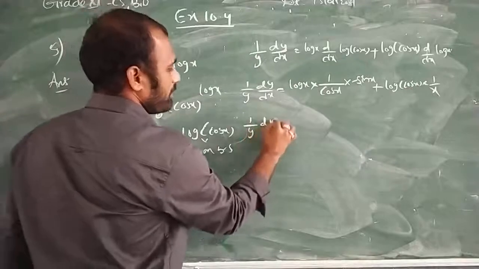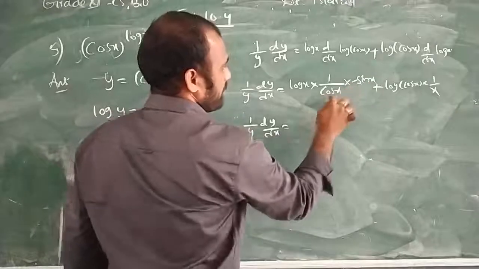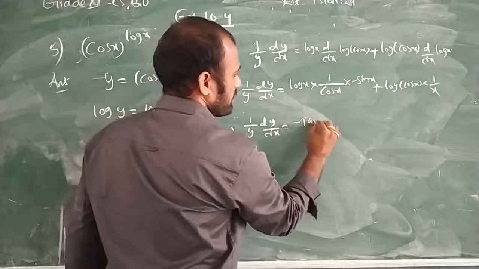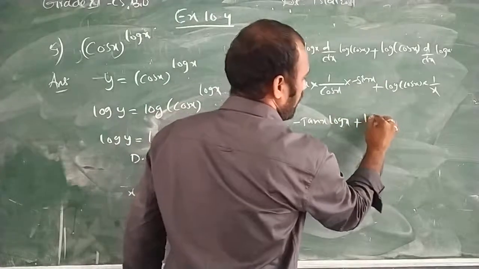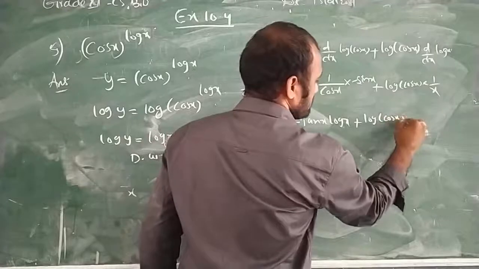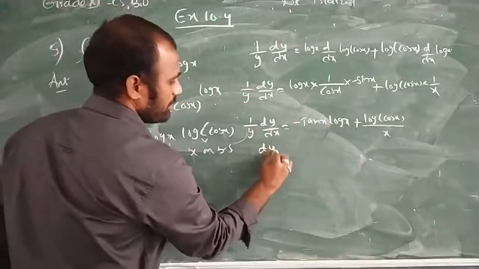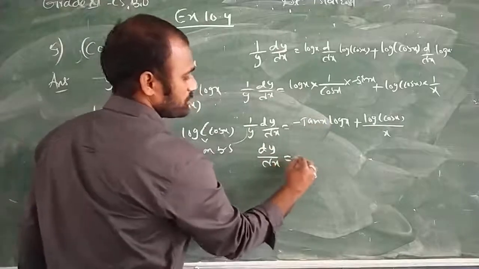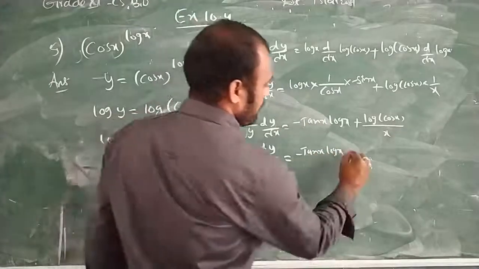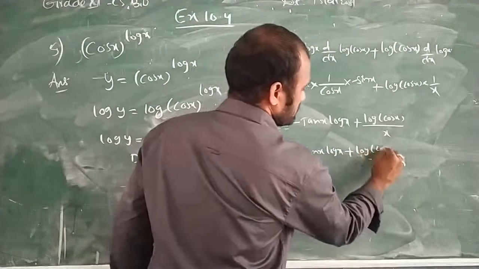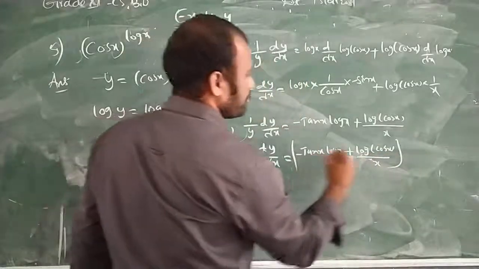So 1 by y dy by dx is equal to, this can be written as sin by cos, which is tan, so minus tan x log x plus log of cos x by x. If I transpose this to the right side, it will become dy by dx equal to minus tan x log x plus log of cos x by x, into y.